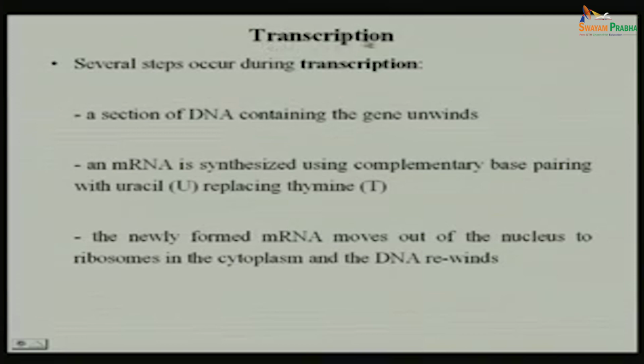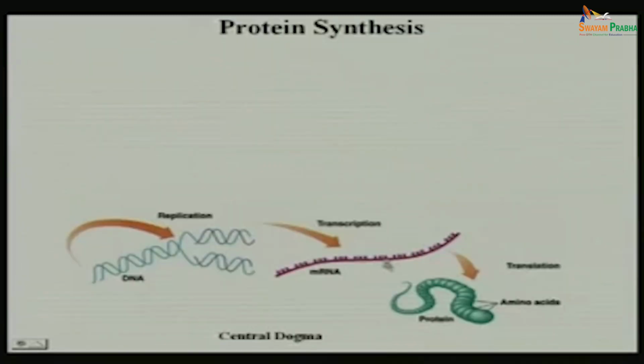When coming to transcription, several steps occur during transcription. A section of DNA containing the gene unwinds. The mRNA is synthesized using complementary base pairing, using uracil, that is U, replacing the thymine, that is T. The newly formed mRNA moves out of the nucleus to the ribosome in the cytoplasm, and the DNA rewinds.